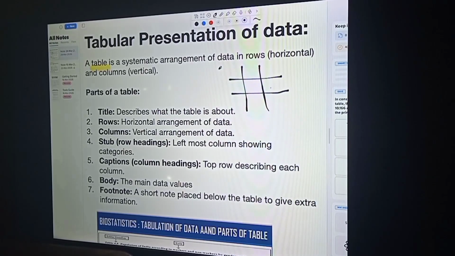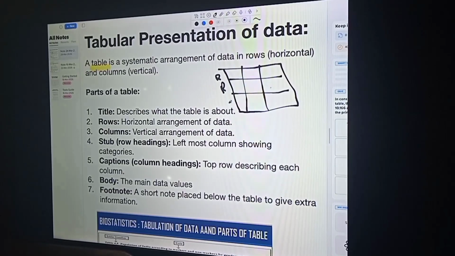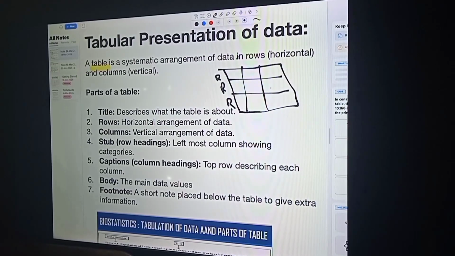When you put an outside border to these lines, you get a table. So this is a table which is the intersection of rows and columns. This is a row, this is another row, and this is another row. So 3 rows and 3 columns. This is the first column, second column, and third column.